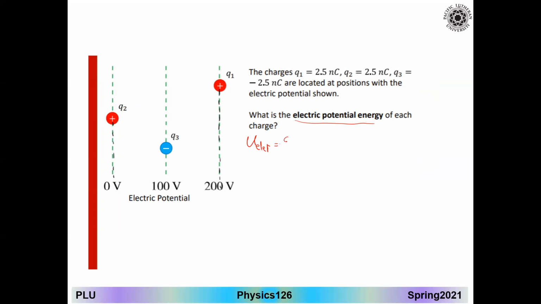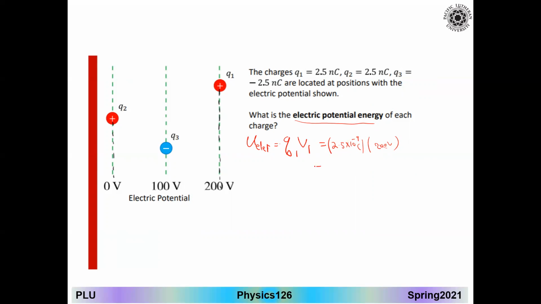It's basically Q1 multiplied by V1. The charge is 2.5 nano, or 2.5 times 10 to the minus 9 coulomb, multiplied by the 200 volts.